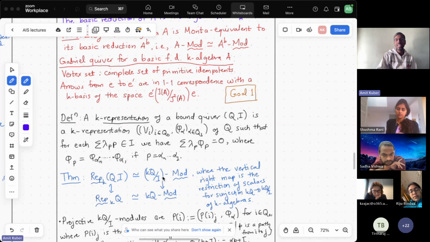So the category of modules over the bound quiver algebra is equivalent to the category of representations of the bound quiver. We don't really have to do anything extra over here. The original equivalence itself will restrict to an equivalence appropriately.